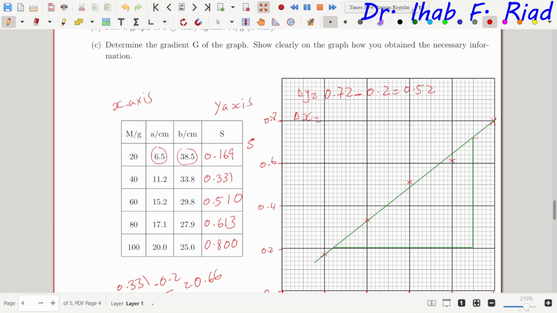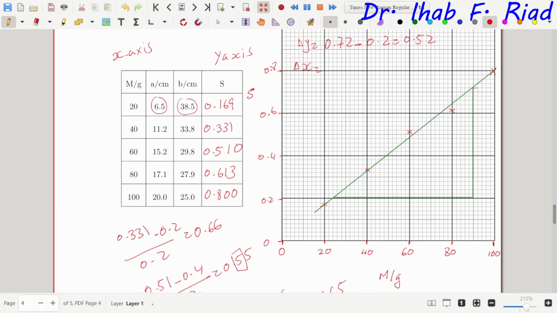What about the x-axis? This is the 90 mark. This is 20, 22, 24. This is 90 minus 24. Then it is 0.52, and here we have 66.